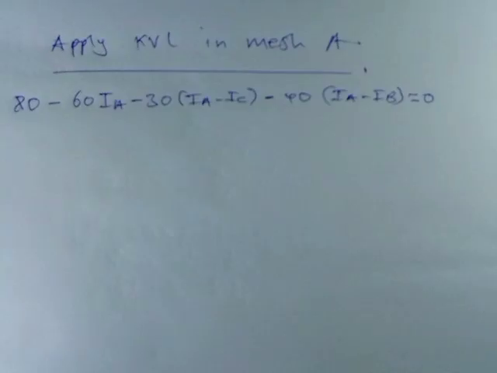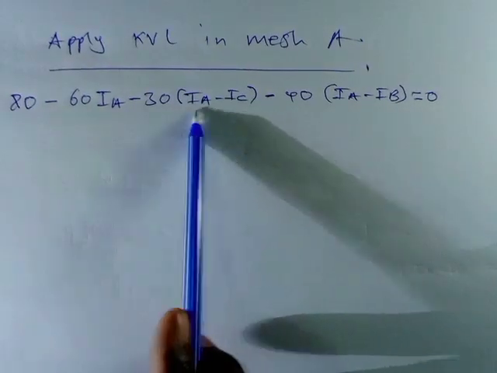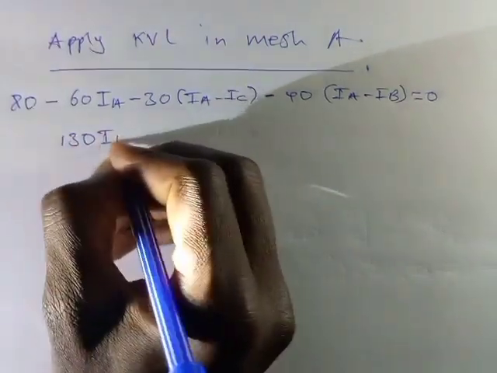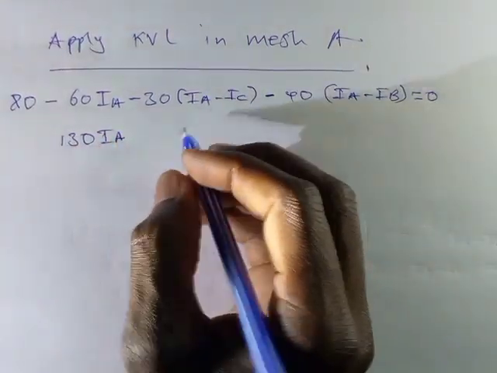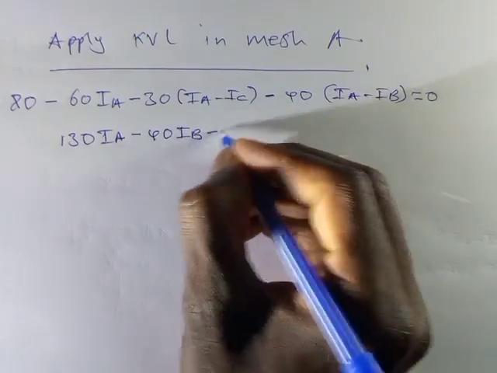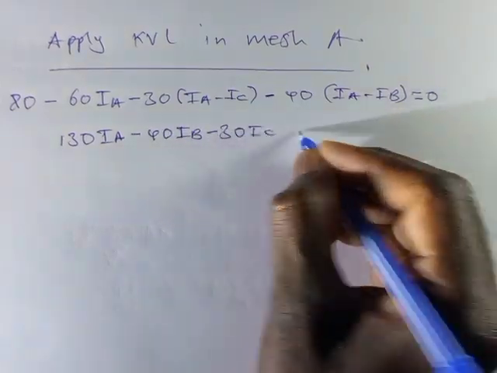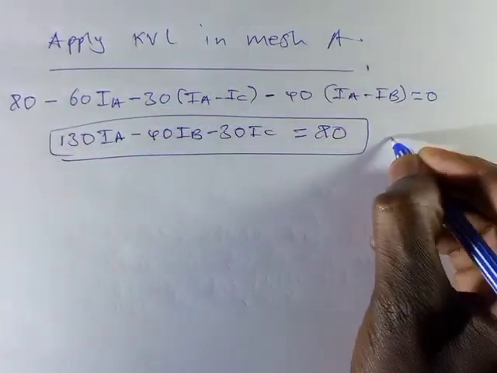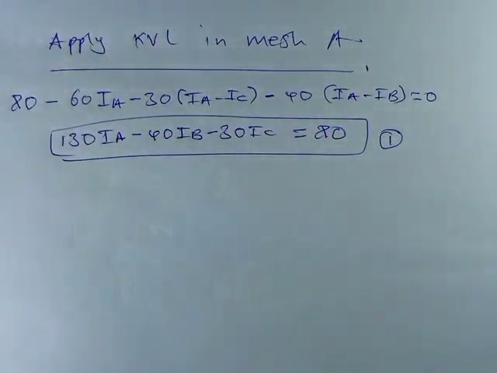So do simple mathematics on this part, making things in a proper order. If we do some simple mathematics, we are supposed to get 130 Ia, then the remaining ones are supposed to be minus 40 Ib minus 30 Ic equal to 80, and this has to be equation number 1.